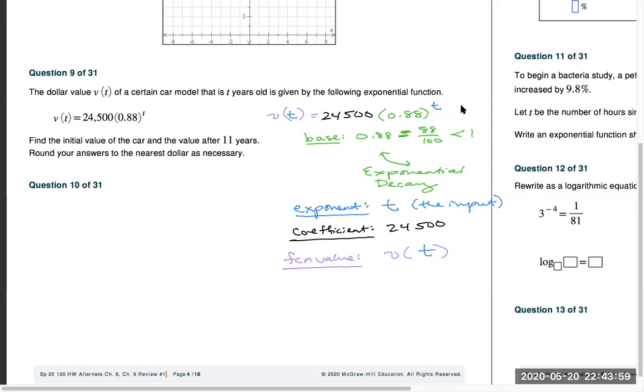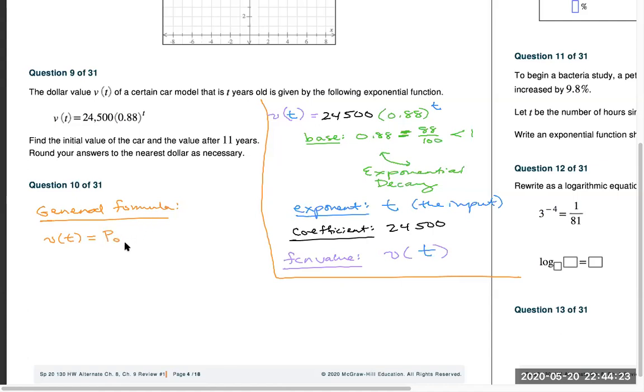And now I want to just put the general formula over here for an exponential growth or decay problem. So you're going to have your v of t equaling p sub 0. That's how that's pronounced.